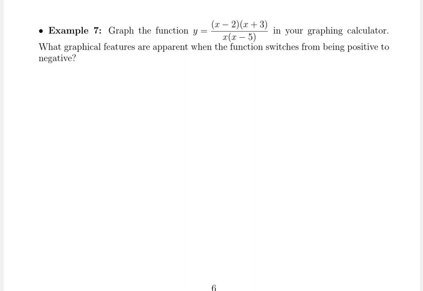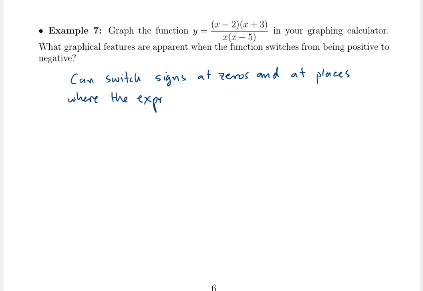So just to summarize, we can switch signs at zeros and at places where, and I'll put it this way, the expression is undefined. And undefined due to dividing by 0.